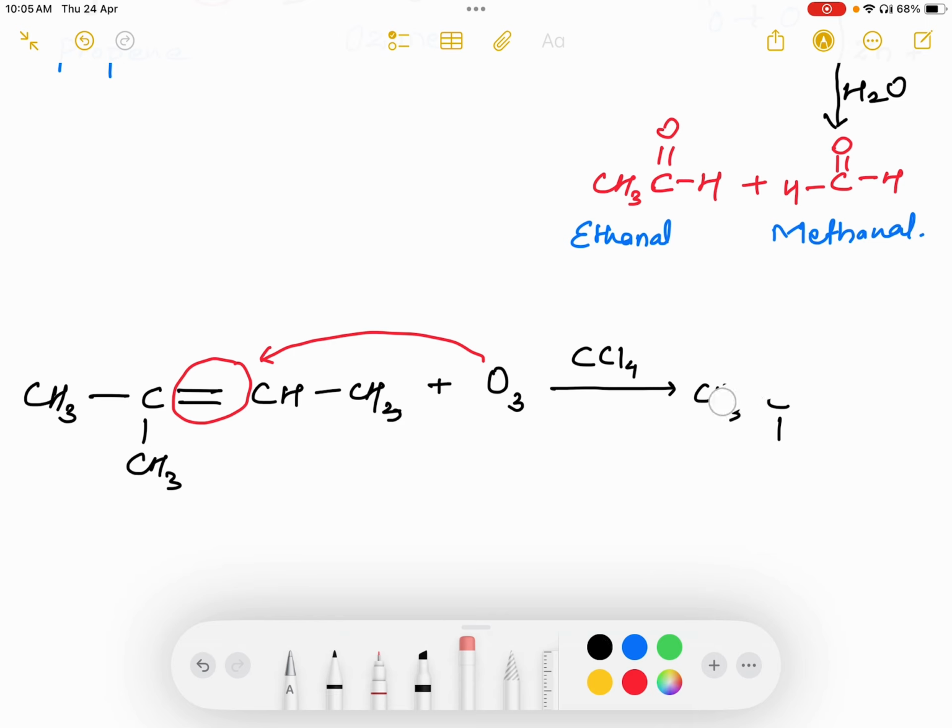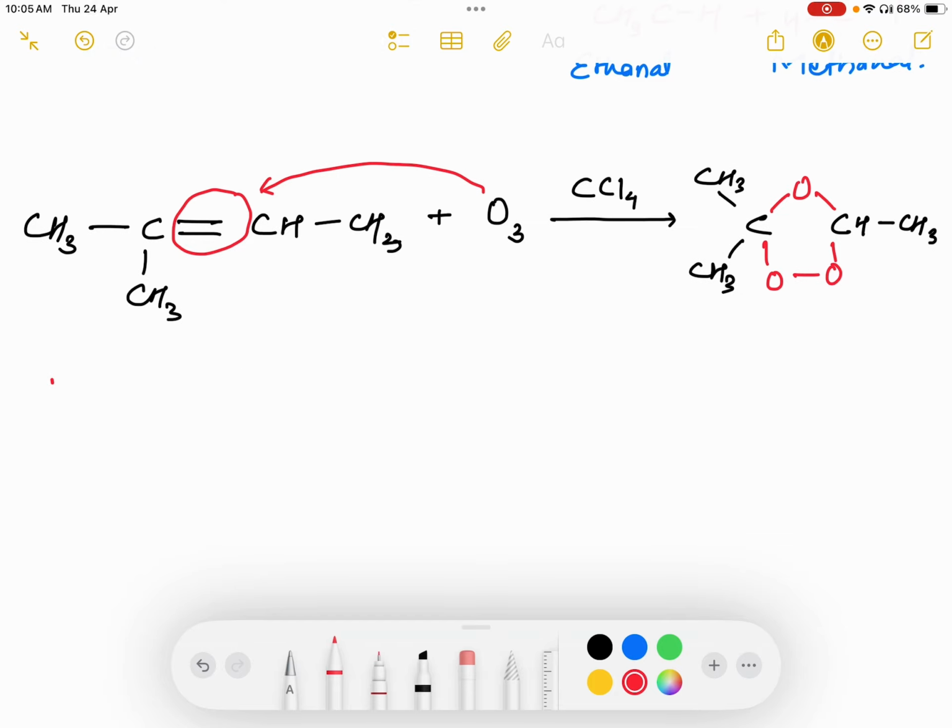Let me write it a little bit differently. I'll have the carbon with two CH3 groups, CH3, CH3. The other carbon has one hydrogen and one CH3 group. In between, I need to insert the ozone molecule, O, O, and O. Further, if I treat it with zinc dust and water, the bond will break from this point and this point.